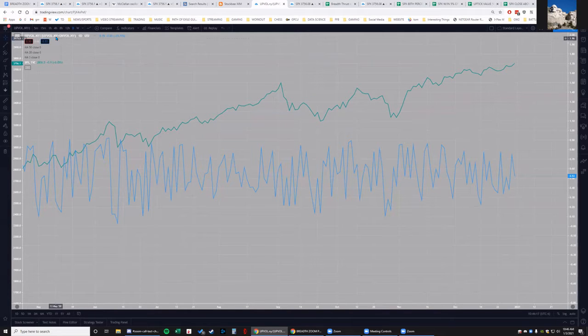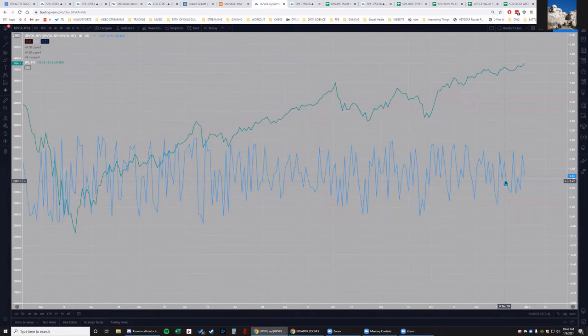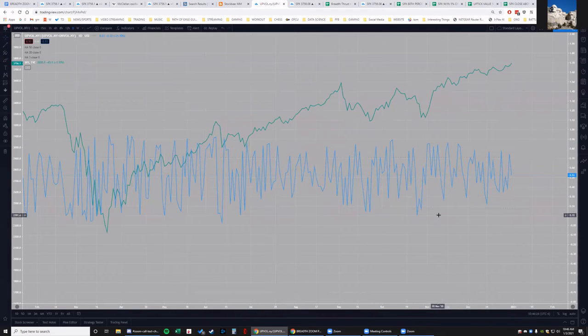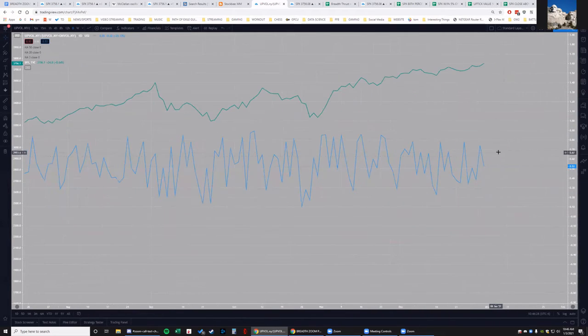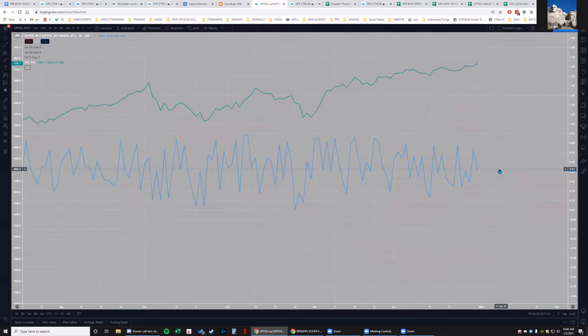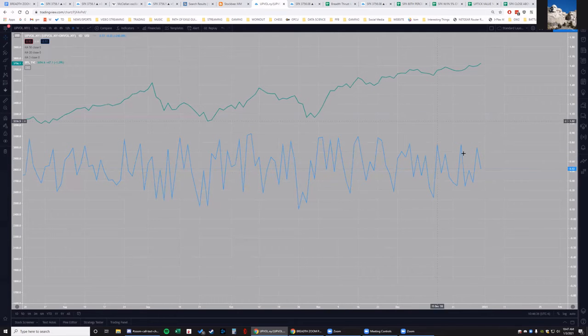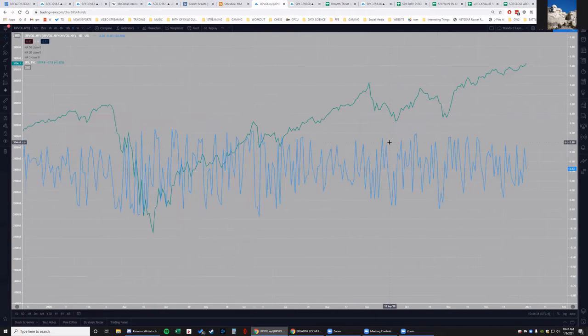There's a little bit of volume in unchanged issues, but that's very small. When you do this, you get a ratio from 0 to 1. So on Friday, 53% of the volume was in up issues. This normalizes it for differences in volume.